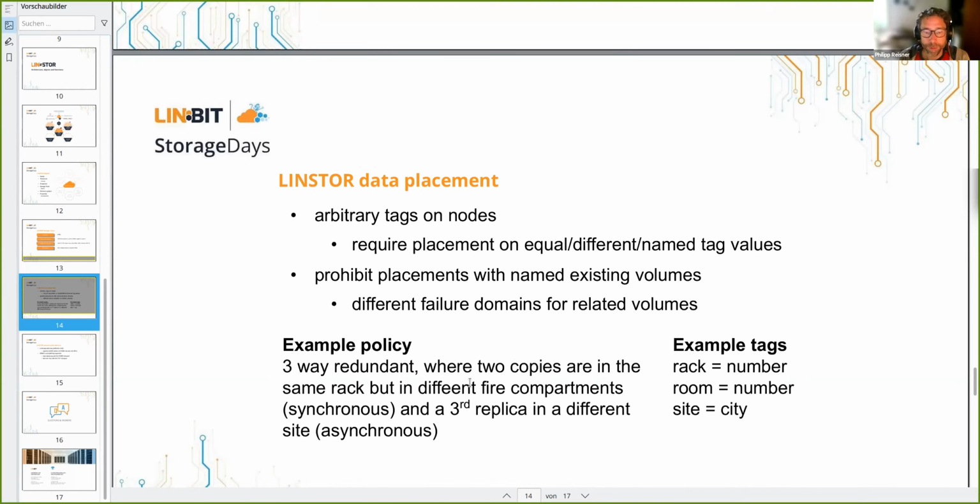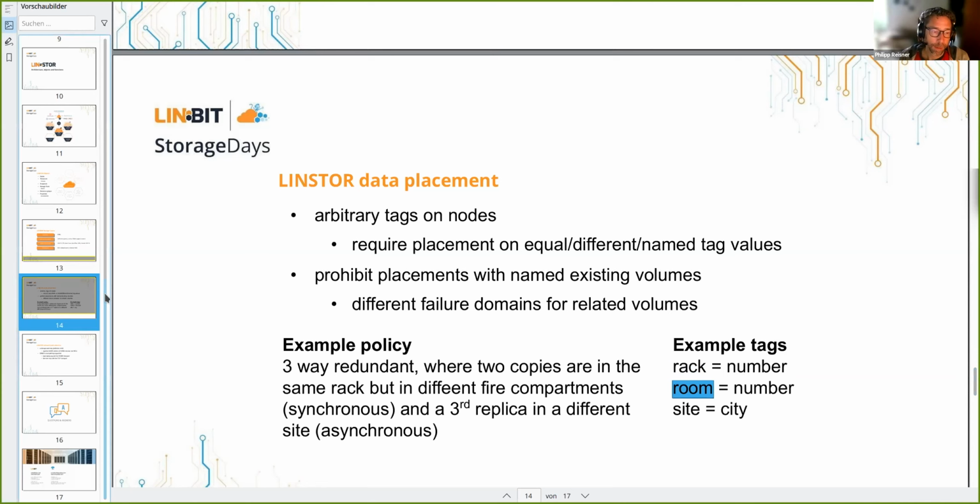And these policies can refer to completely arbitrary tags. You attach tags to your machines, and you could have a rack tag that has different numbers on the machines. You could also have a room tag or maybe a chassis tag, and then refer to these.